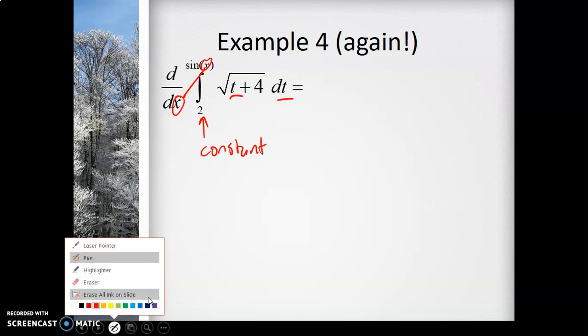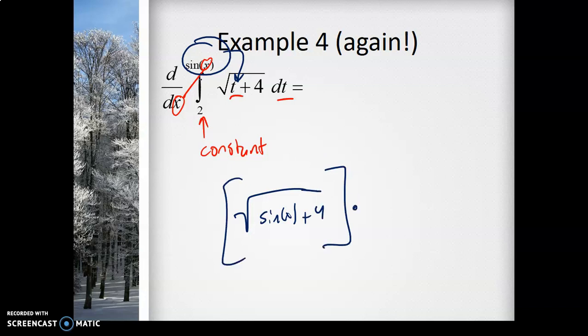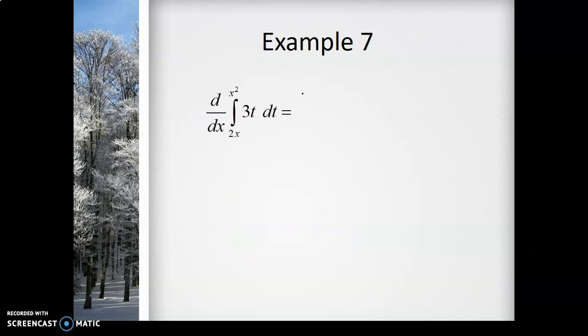So now I can just take sine of x, plug it into t, so the square root of sine of x plus 4, and then multiply this whole thing times the derivative of sine x, which is cosine x. So if you have a g of x function at the top, if it's more than just x, multiply by the derivative. Or just remember that you always have to multiply by the derivative of the top, and if it's just x, you're just multiplying by 1.